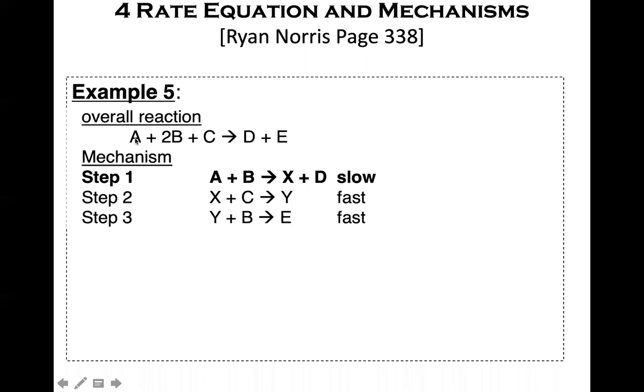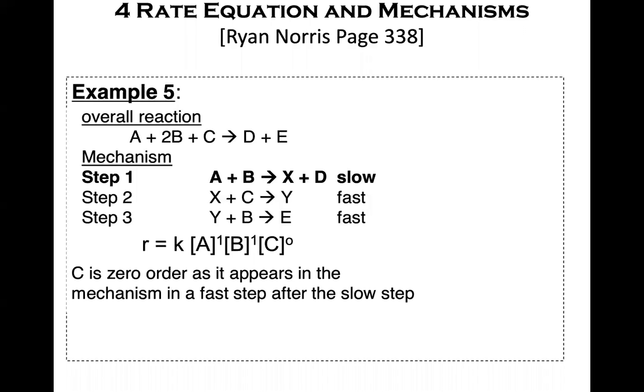So you have this overall equation. If I were to type this down, it would be very long. Just put all of your reactants on the left side and all your products on the right side. You can cancel the X, you can cancel the Y, and the B will be 2B. Sorry, it gives you the overall equation.